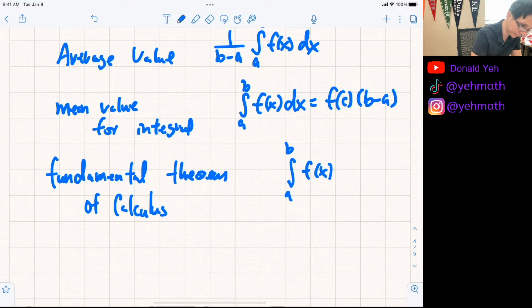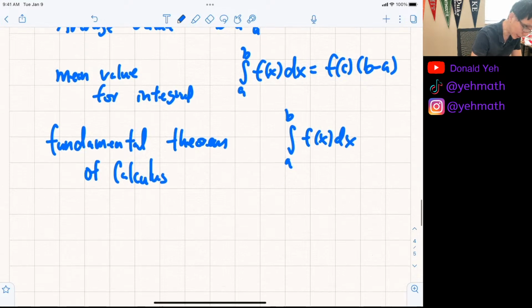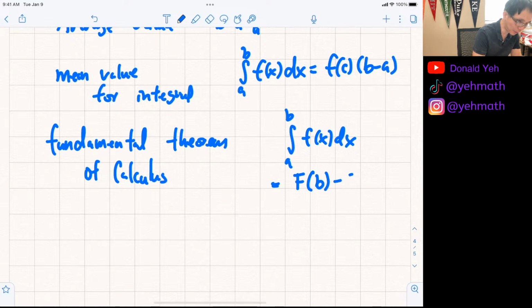It doesn't matter. It's always equal to, so if we integrate a non-capital F, it's always going to get capital F of substitution, which is subtract each other, and that's a definite integral. You guys do this all the time. There's nothing changed. F of b minus f of a. And that's the fundamental theorem of calculus.